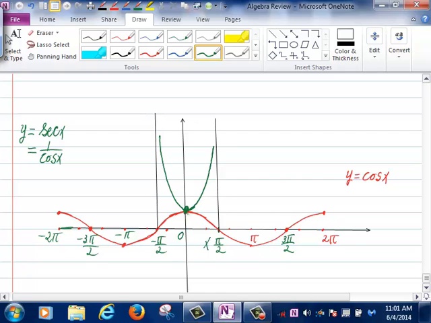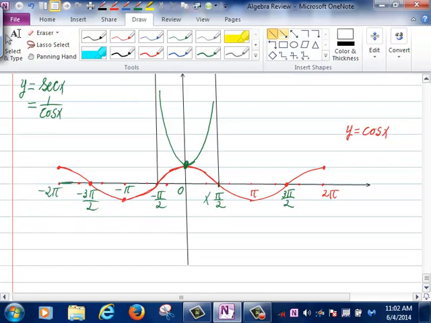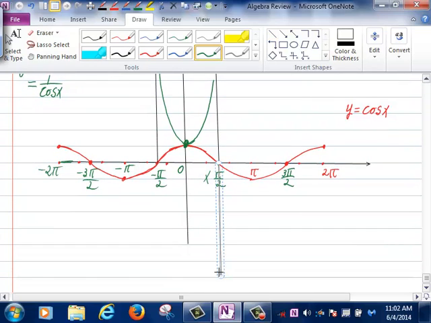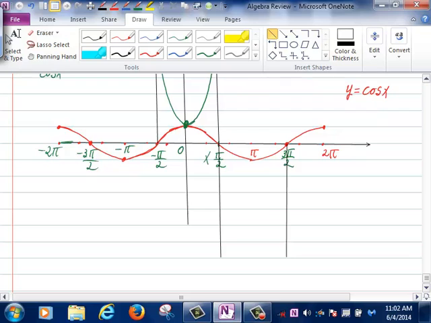Okay, what's going to happen here and here? What's the graph of secant in here? Well, secant of pi would be what?